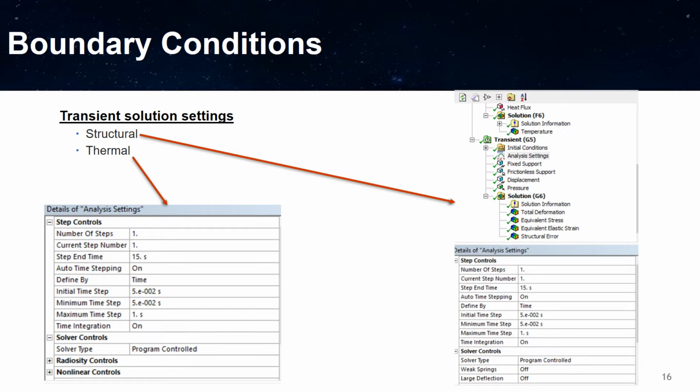Initial step time would be 50 milliseconds, and minimum step time would be 50 milliseconds, where maximum step time would be 1 second.